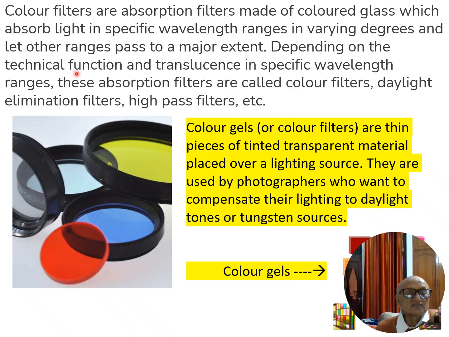Depending on the technical function and translucence in specific wavelength ranges, these absorption filters are called color filters, daylight illumination filter, high pass filter, etc. Now color gels are a similar item, but they are thin pieces of tinted transparent material placed over a lighting source.